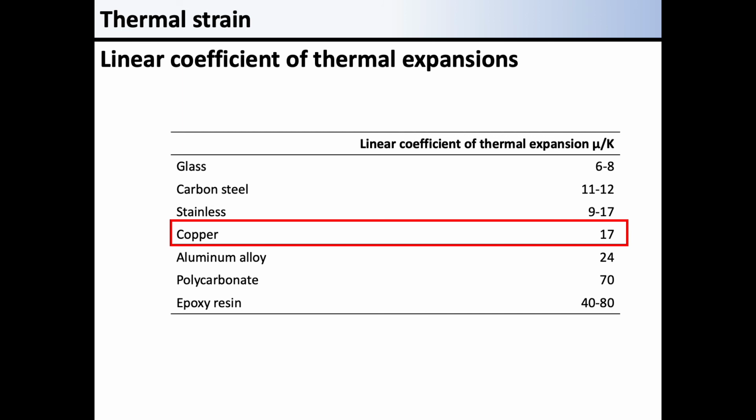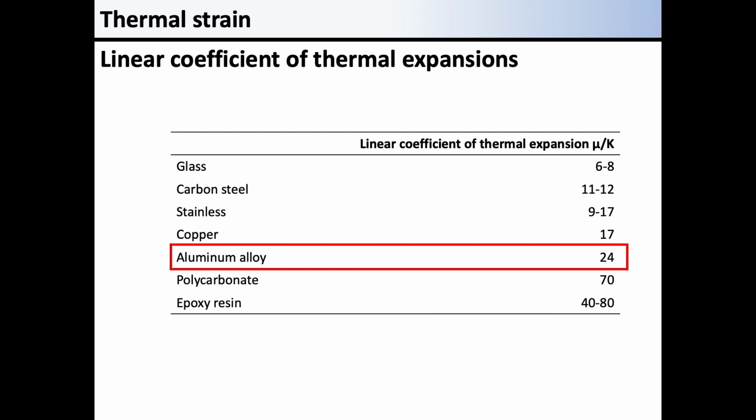Copper is a little larger than this. In addition, aluminum alloy is about 24 micro per Kelvin. It means that carbon steel expands less than aluminum alloy. Here, you may consider a piece of carbon steel and aluminum bonded together. At room temperature, it is flat.